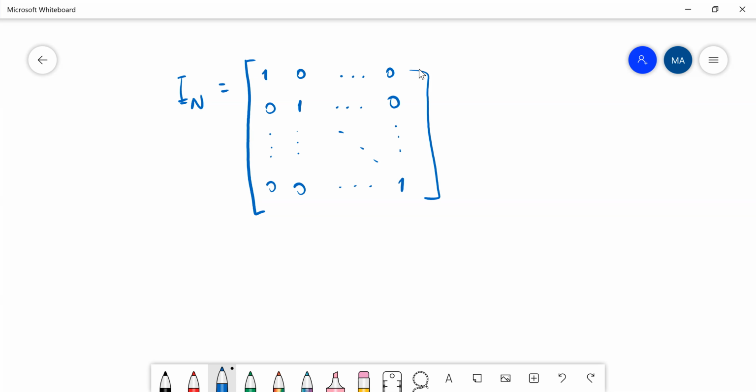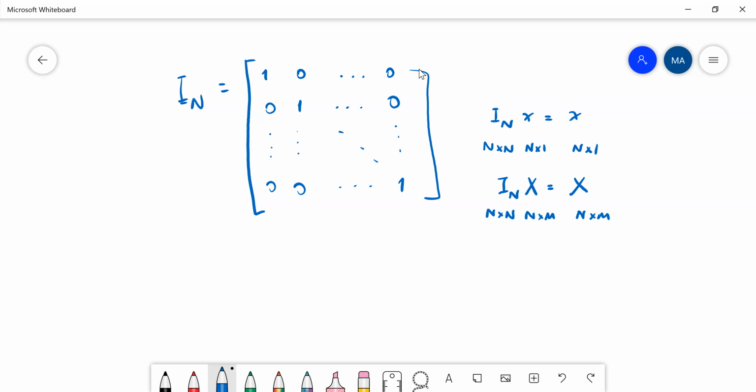So if you multiply any vector or matrix by this, you're going to get the same result. So if you multiply it by some matrix, you're going to get the same matrix. n by n times n by m, you're going to have n by m. All right. So that's the identity matrix.